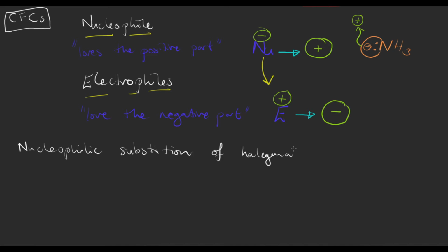Halogenoalkanes. We've already looked at these, so you know what they are. So if, for example, we had chloromethane, and we were going to react that with a nucleophile.